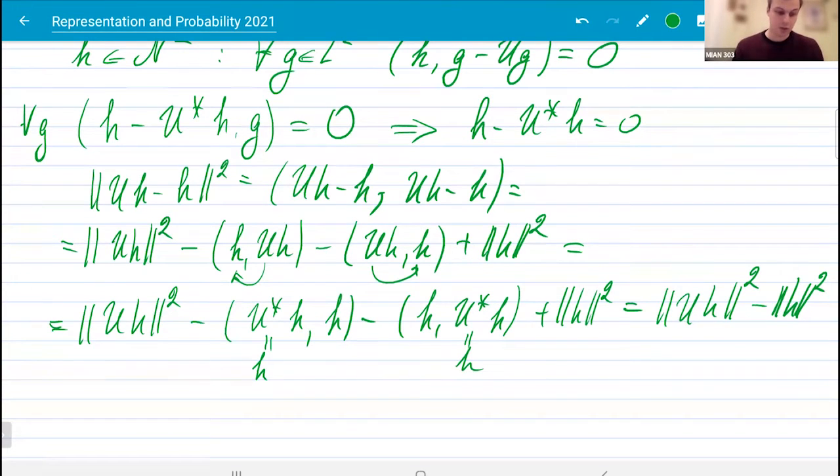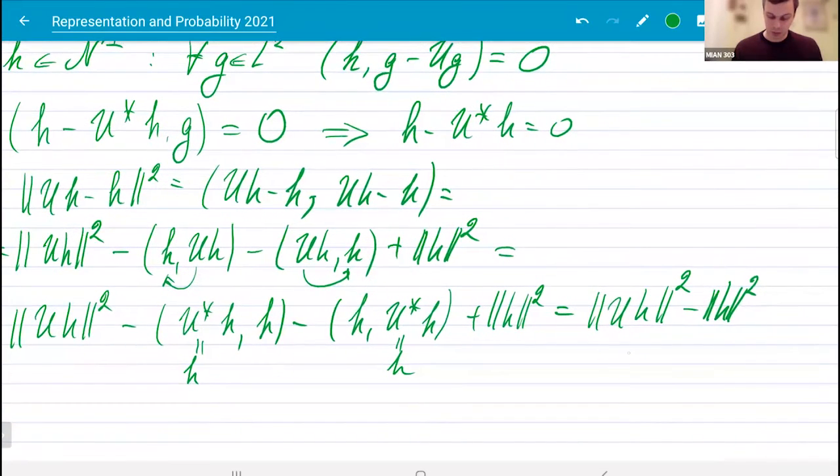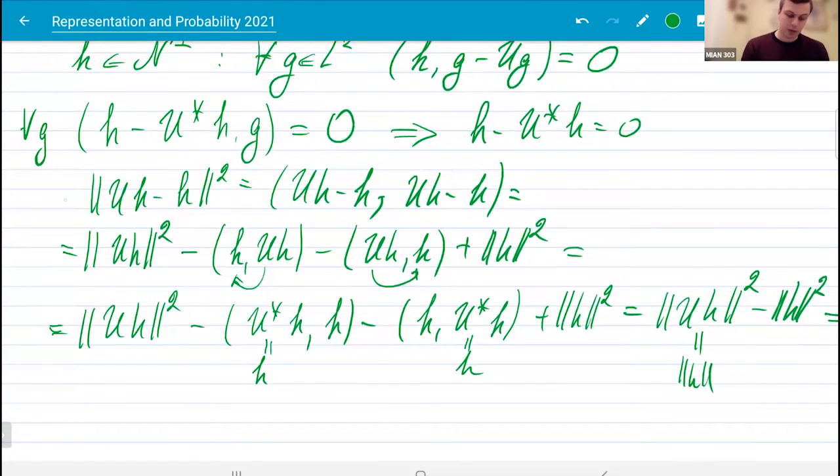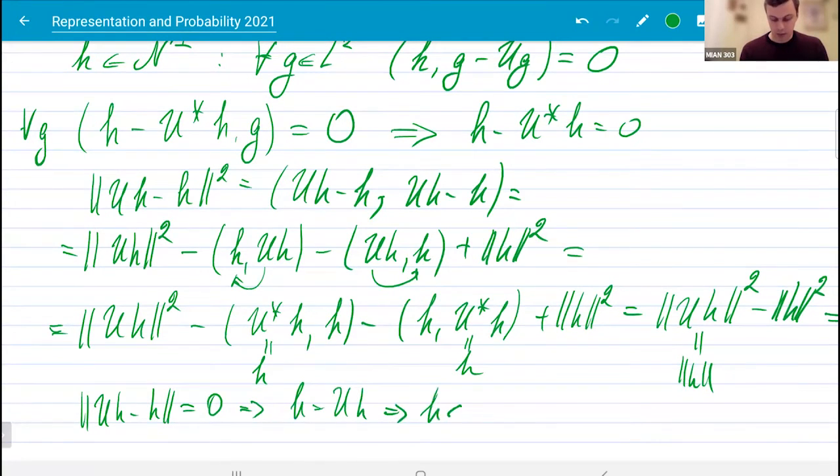Therefore, UH equals, so this norm is also the same as the norm of H, and so it is 0, and that's it. So we have proven that this equals 0. And this means that H equals UH, or H belongs to M.